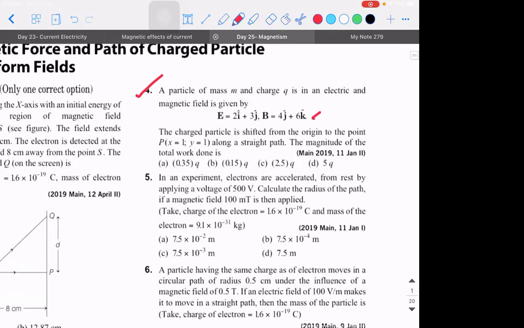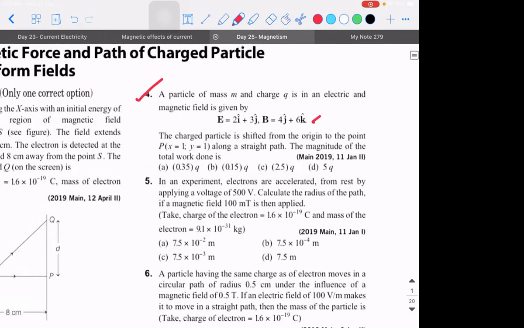So, work done now, what are all the parameters we need? Force and displacement, correct? So see if you can find the force from this.